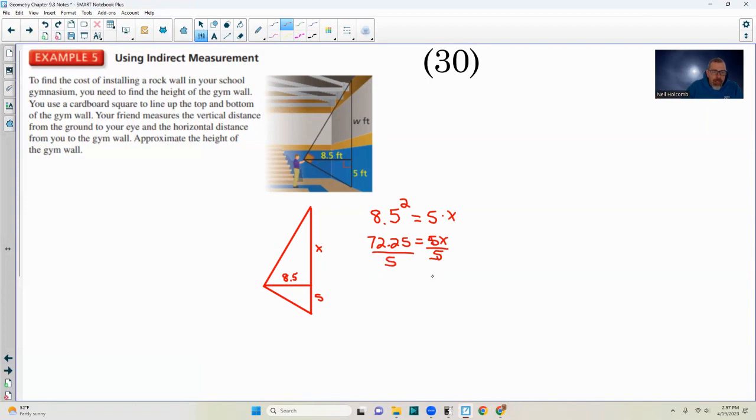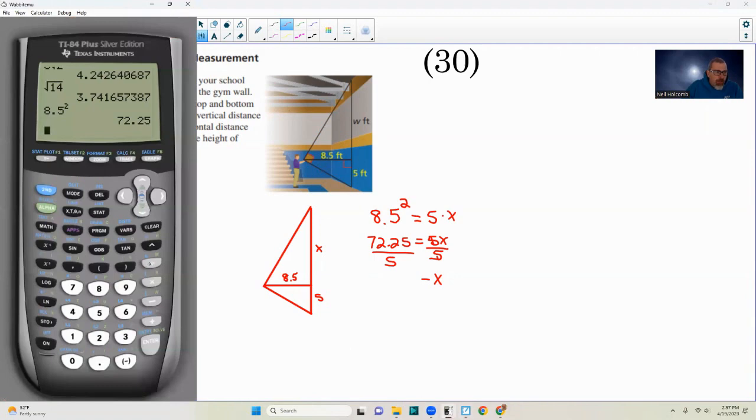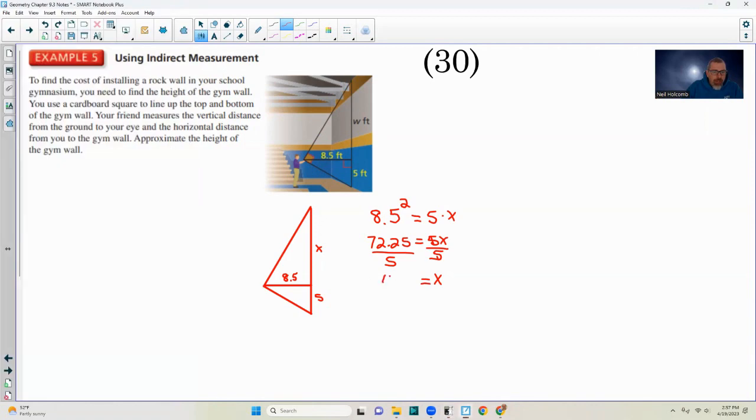These cancel, and I get x equals, go back to my calculator, 72.25 divided by 5 equals 14.45. So that's x.